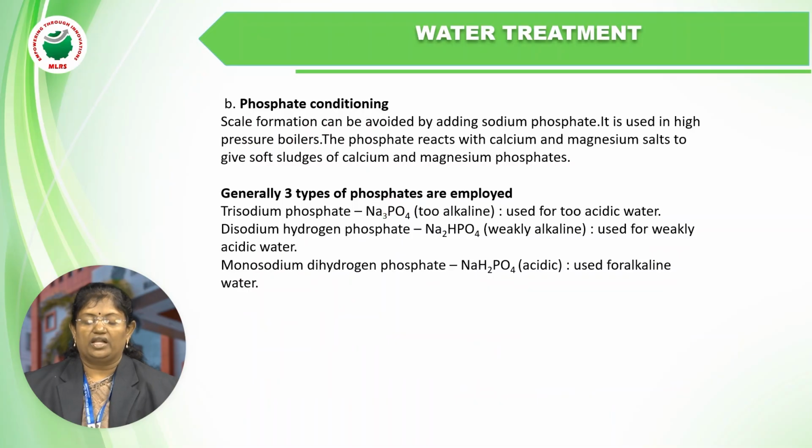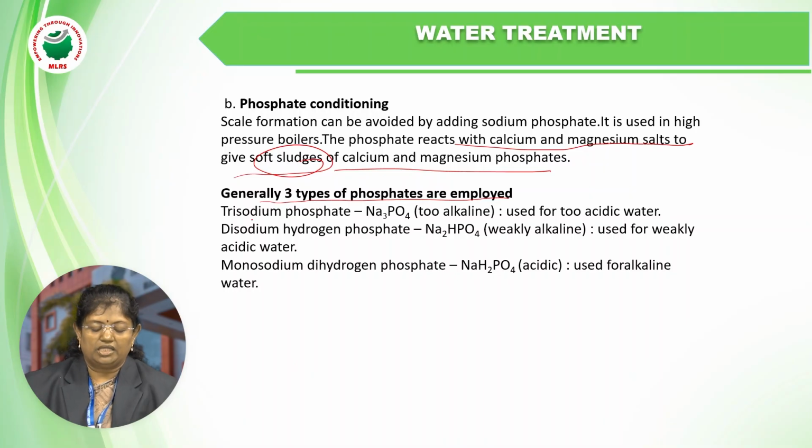Now, phosphate conditioning. Another type of conditioning is phosphate conditioning, done by using sodium phosphates. These phosphates react with calcium salts to give soft sludges. Three types of sodium phosphates are employed. Trisodium phosphate, Na3PO4, is highly alkaline in nature and is used for highly acidic water.